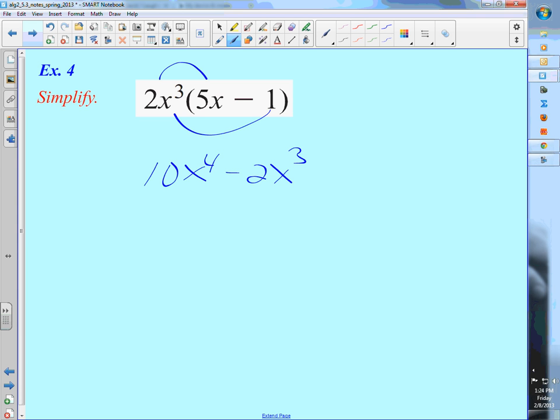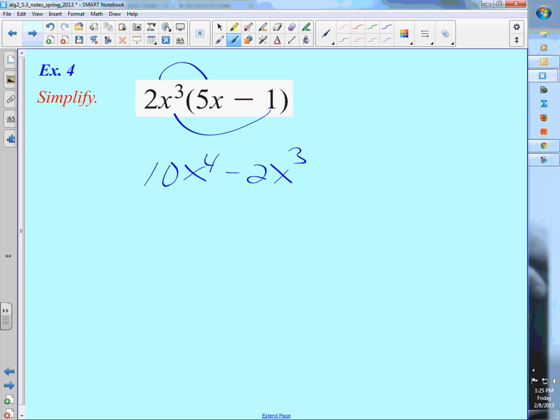What happened from here to here? We multiplied. We distributed. What did we accomplish? You wrote it out. What's here that's not here? The parentheses.